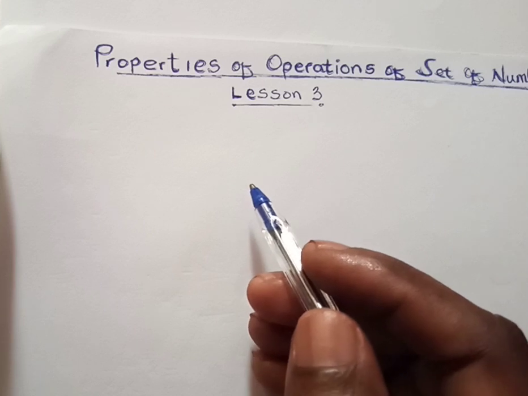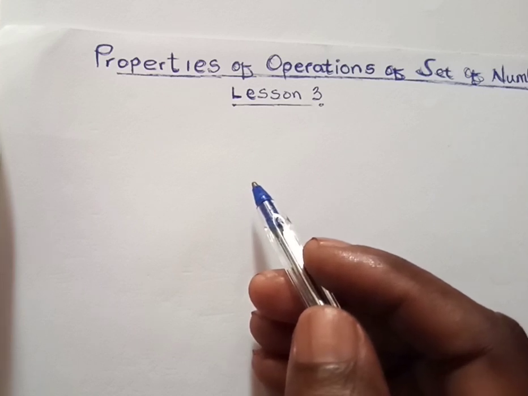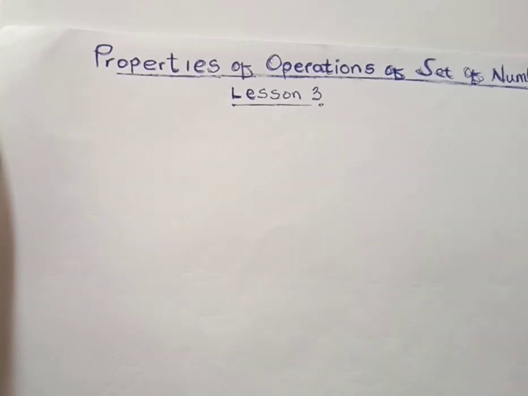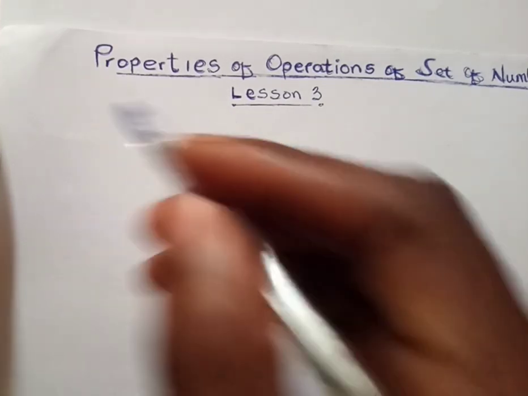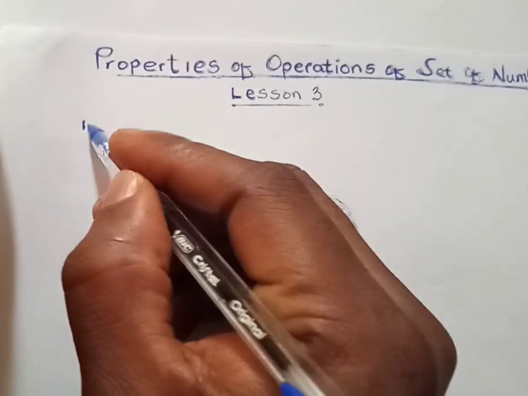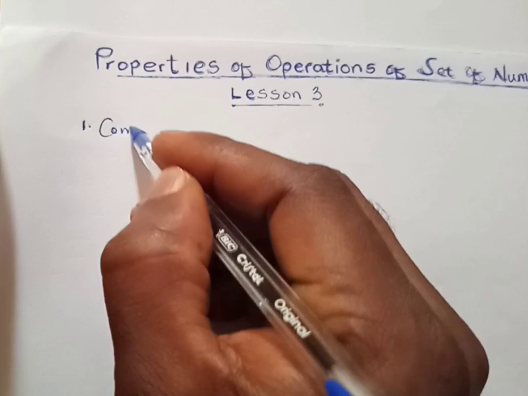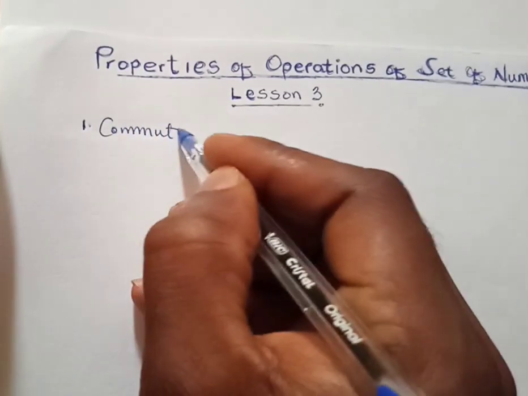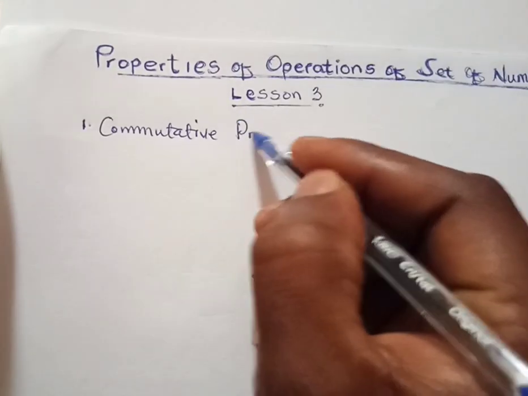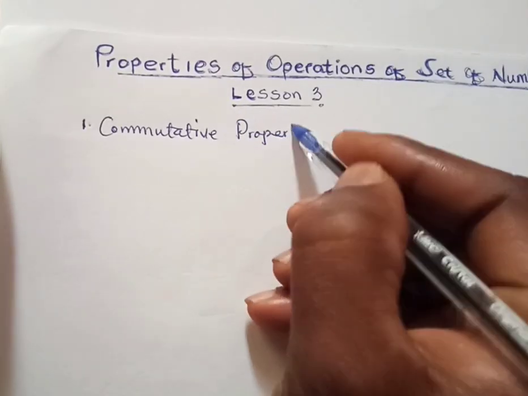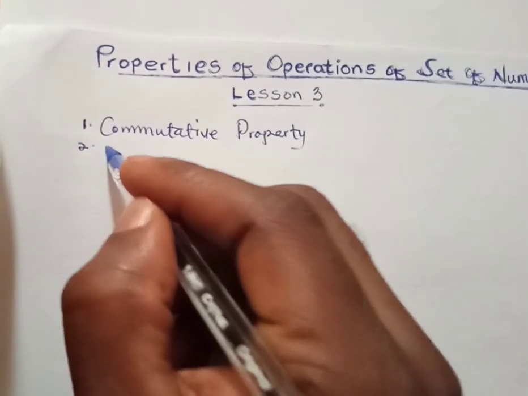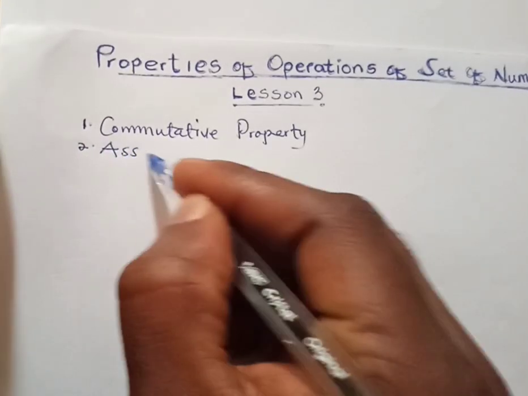Let's list these properties of the operation of set of numbers in the senior high school mathematics. One, we can talk about the commutative property. We can also talk about the associative property.